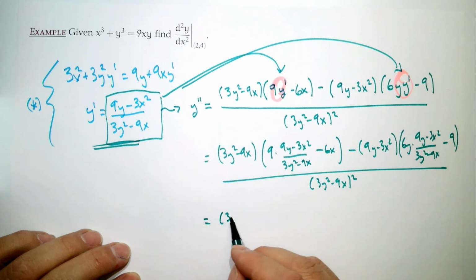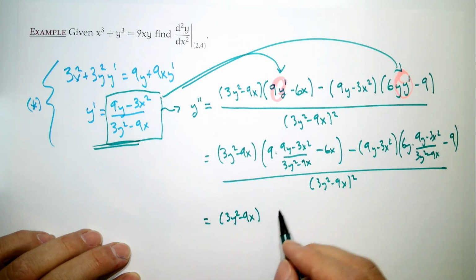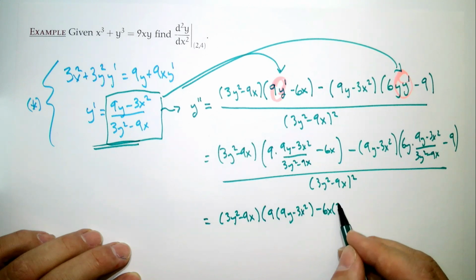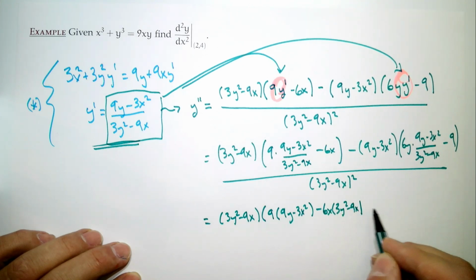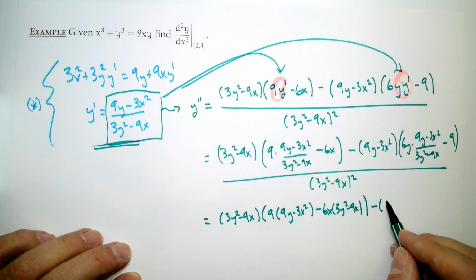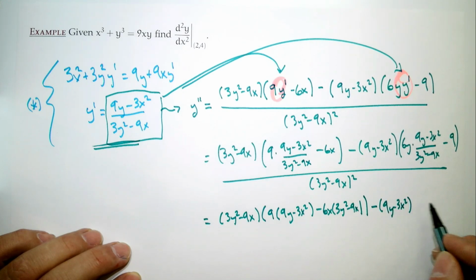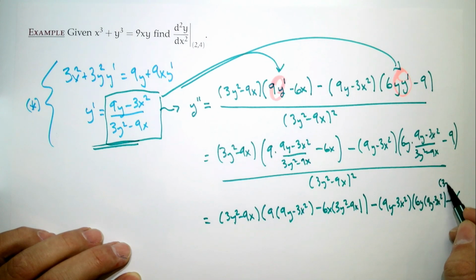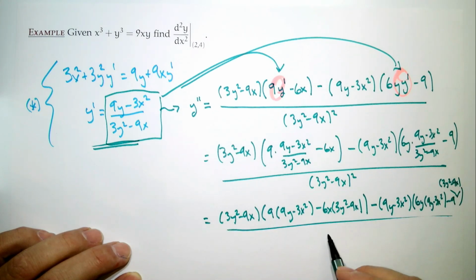So we'll end up with 3y squared minus 9x, then I'll get 9 times (9y minus 3x squared) minus 6x times (3y squared minus 9x), minus (9y minus 3x squared) times 6y times (9y minus 3x squared) minus 9, and that 9 is being multiplied by 3y squared minus 9x. All that over (3y squared minus 9x) cubed.